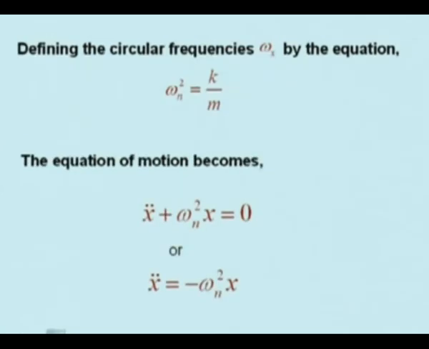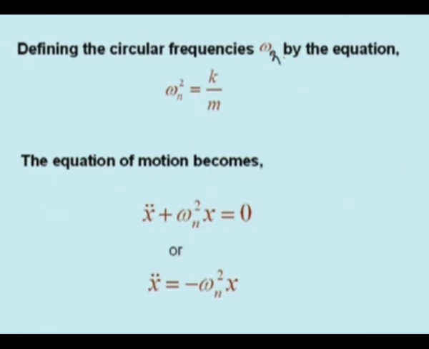Now let us define the circular frequency omega n by the equation omega n square is equal to k by m.